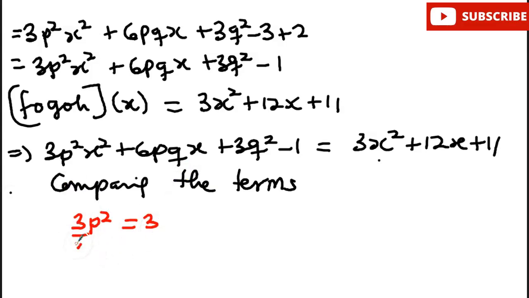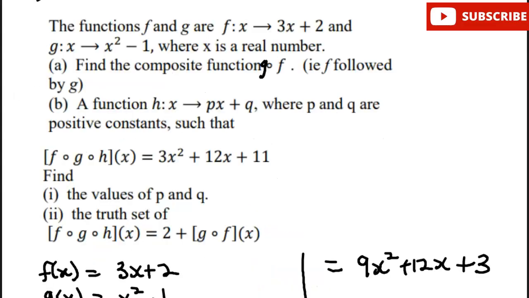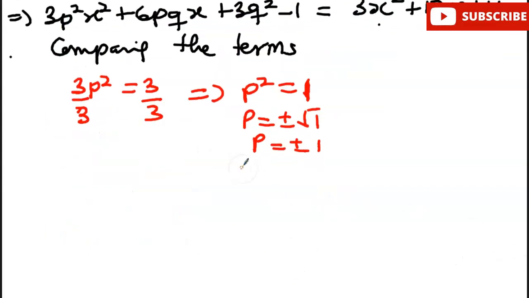So divide both sides by 3. It implies that p squared is equal to 1. So p will be equal to plus or minus square root of 1. So p is equal to plus or minus 1. Now let's go back and check the question. We were told that p and q are positive constants. So if p is a positive constant, therefore p is equal to 1.